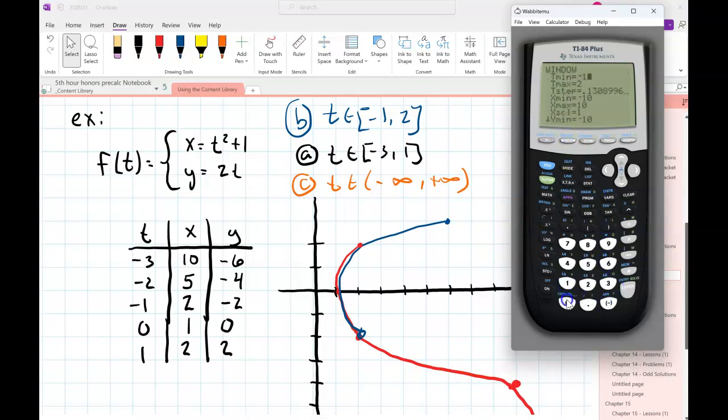So I'm just going to make this just like -10 to 10, just something big that'll fill up the screen. What do you guys think? Is this okay?